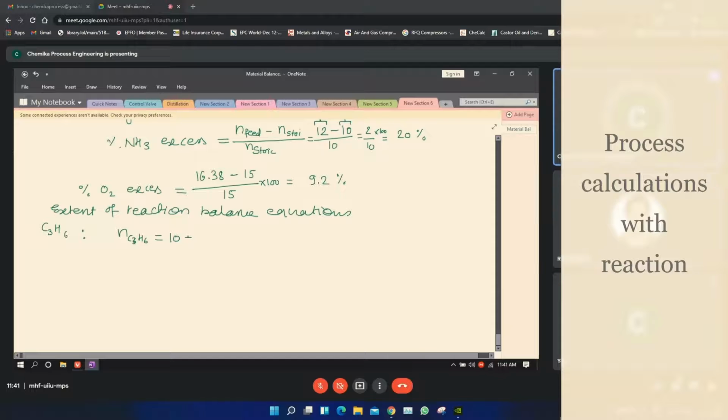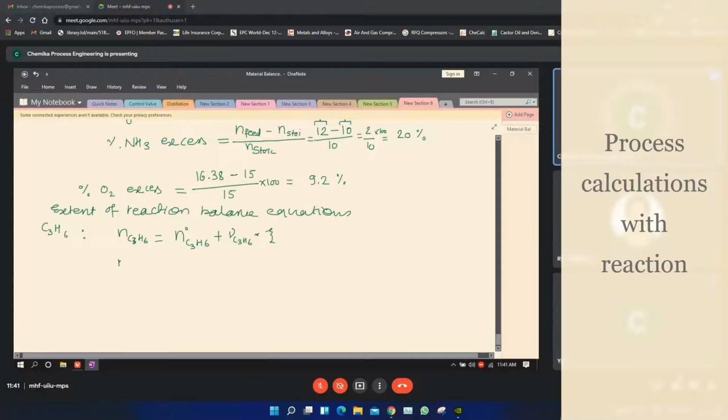So I will just write everything, otherwise you won't understand. So this will be the feed flow rate of C3H6 plus stoichiometric coefficient of C3H6 multiplied by your zeta.